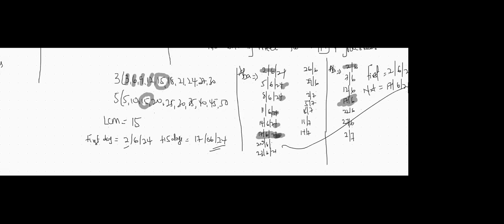I multiplied 3 by 5 and I had 15. So multiplying 3 by 5 is not wrong. But sometimes, for example, with 8 and 10, if you multiply you get 80, but that is not the LCM of 8 and 10.